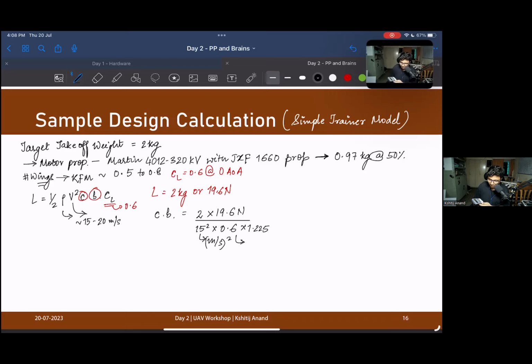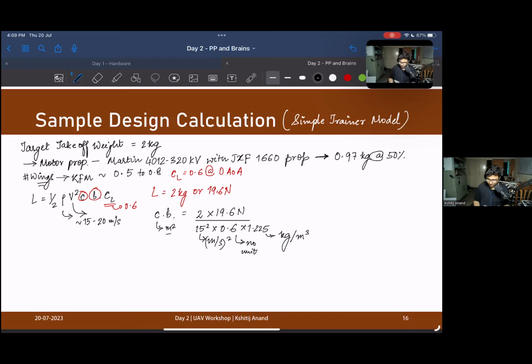This has no unit, and this has kg per meter cube. So I guess if I multiply this, do I get it? It works. Yeah. This is going to be meters square. So 15 square into 0.6 into 1.225.